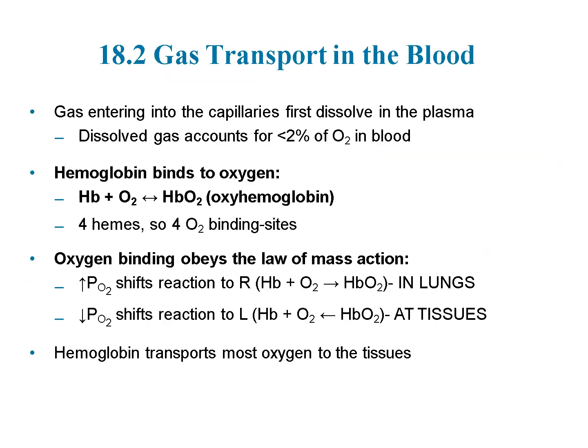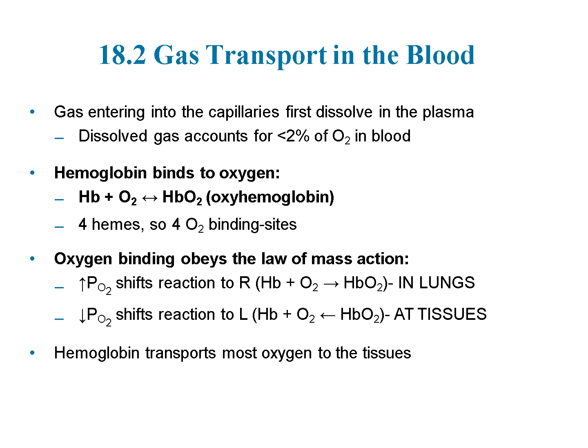Oxygen transport in the blood is a crucial process that ensures the body receives the oxygen it needs for metabolism. When oxygen enters the capillaries, it first dissolves in the plasma. However, this dissolved oxygen accounts for less than 2% of the total oxygen in the blood, making it insufficient to meet the body's demands.